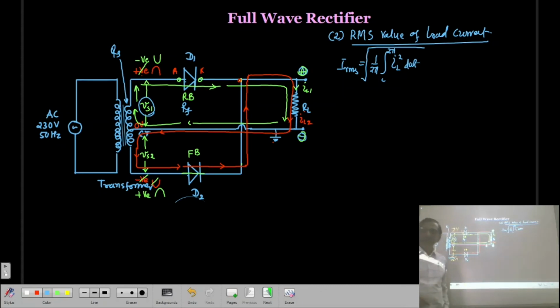If you solve this integration, it will give you the RMS value of this load current.